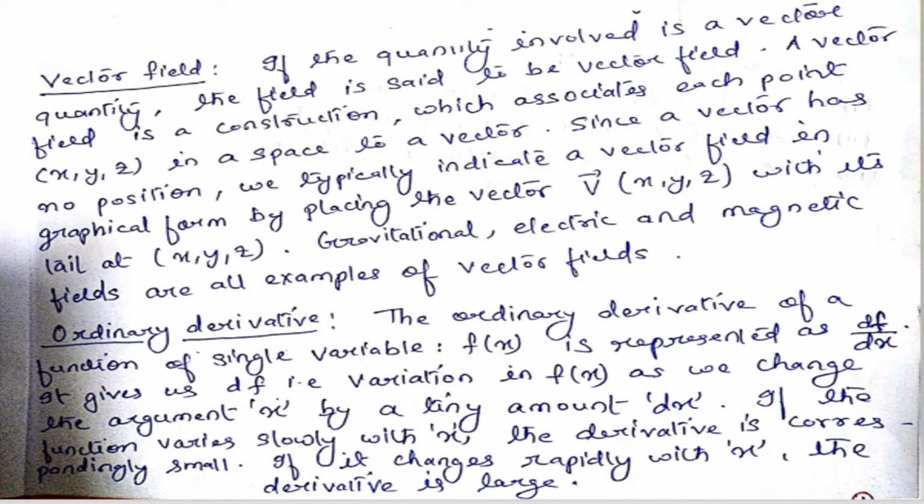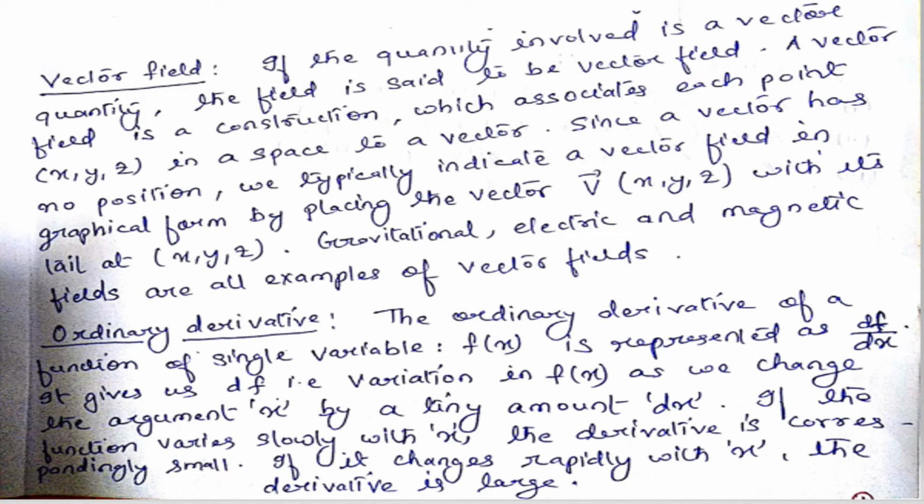If the function varies slowly with x, then the derivative will be correspondingly small. But if it changes rapidly with the change in x, the derivative is said to be a large derivative. Now I'll talk more about it.